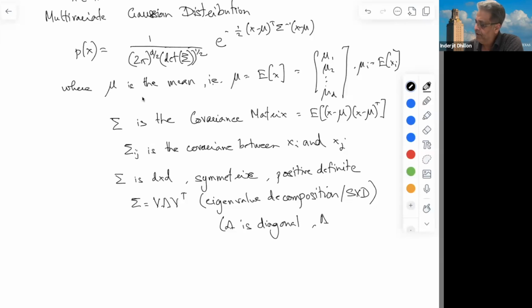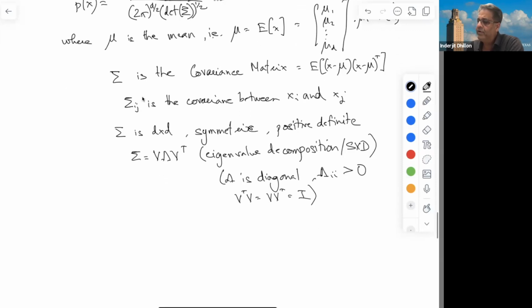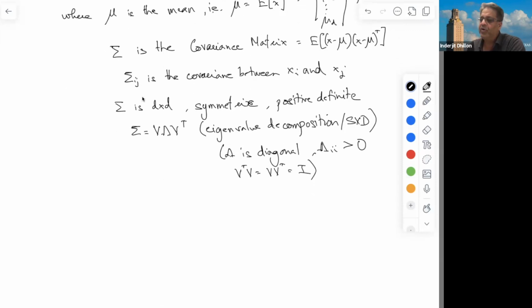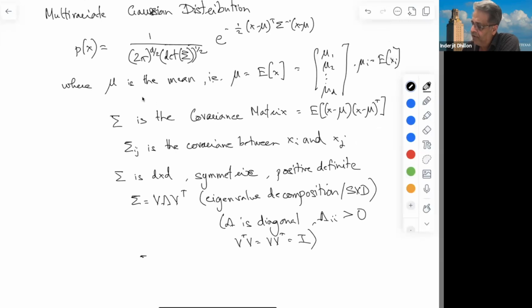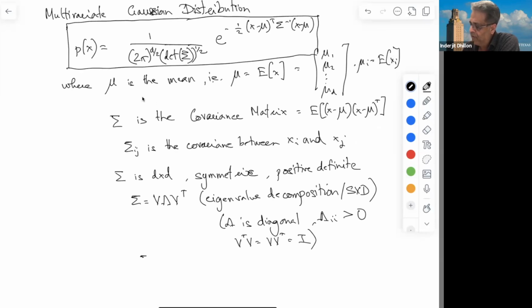Lambda is diagonal, with lambda ii greater than 0, and the matrix V is an orthogonal matrix where the columns correspond to the eigenvectors of sigma. We have sigma inverse in this formula, so sigma inverse can be written as V lambda inverse V transpose.